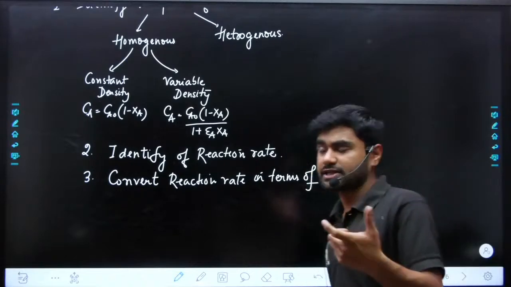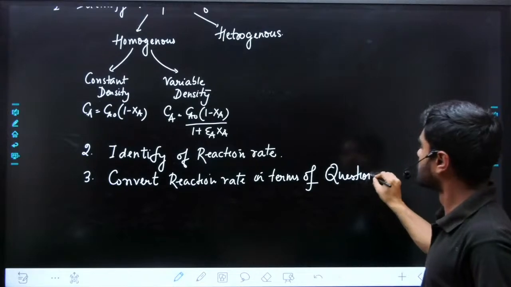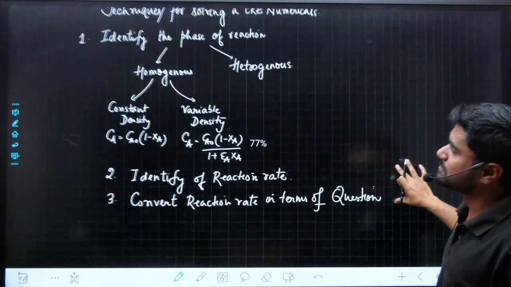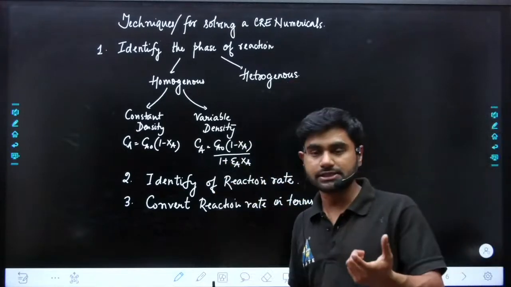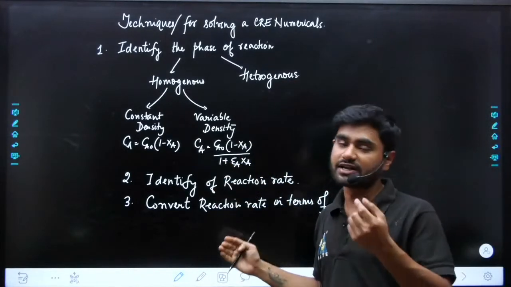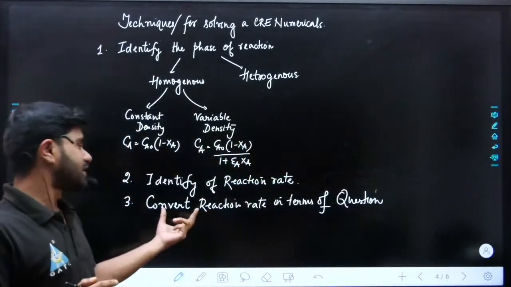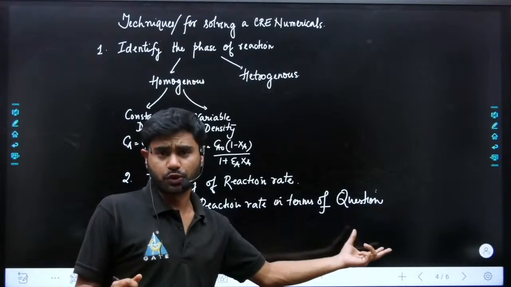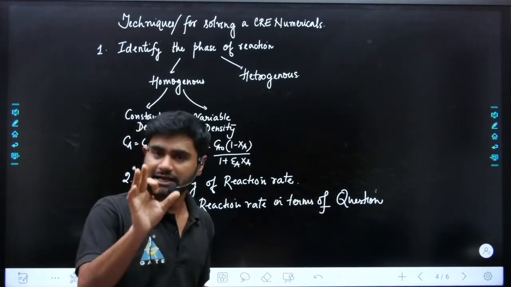The technique means the process sequence that you should follow. The first thing is phase, the second thing is reaction rate, and the third thing is to convert this reaction rate in terms of what is given in the question. Whatever the question is, you just simplify the reaction rate.